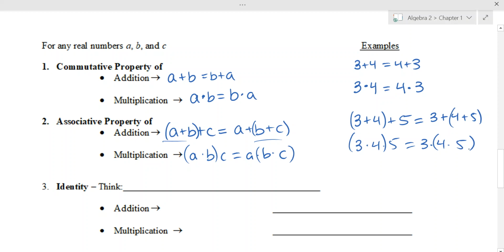Third property is the identity property. You want to think, what should I add or multiply to get the original?